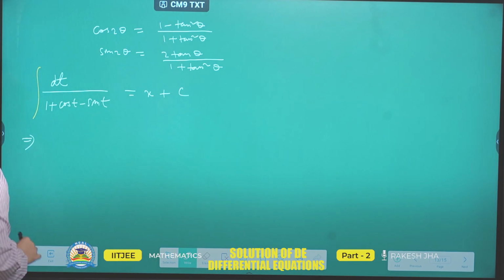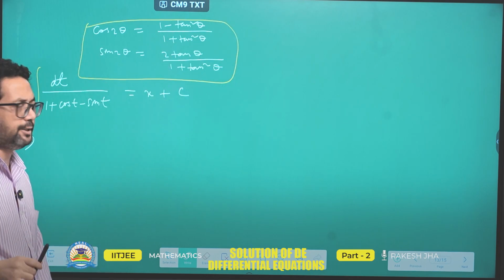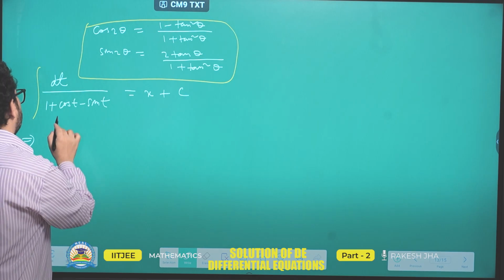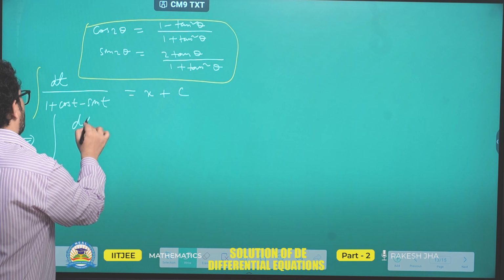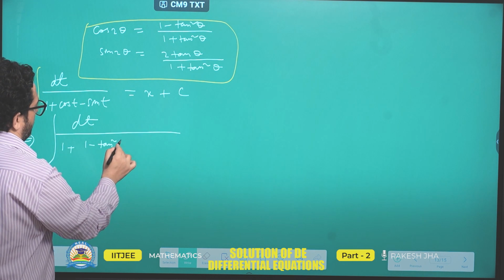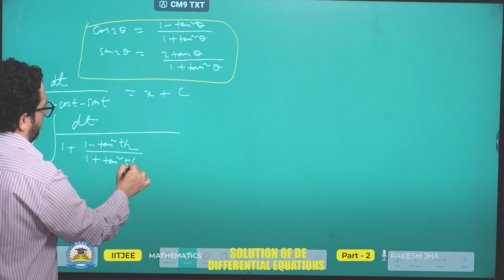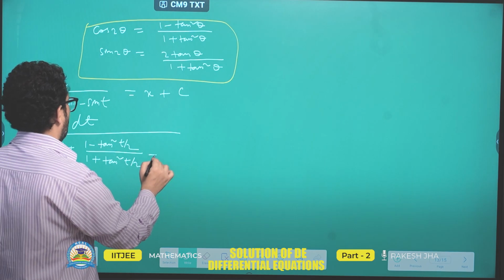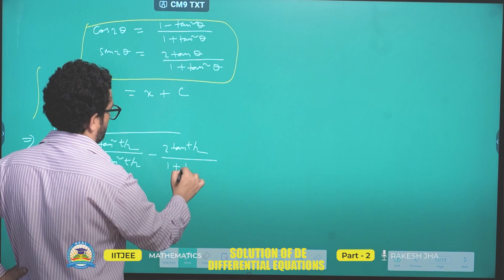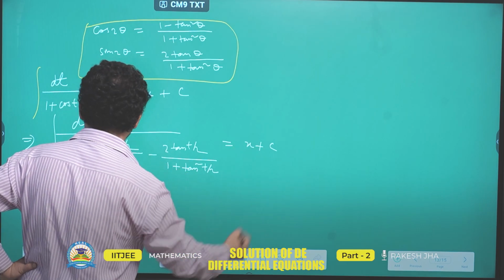Now as I mentioned, we are going to transform cos 2 theta and sin 2 theta in terms of tan. So it would be dt upon 1 plus (1 minus tan square t by 2 upon 1 plus tan square t by 2) minus (2 tan t by 2 upon 1 plus tan square t by 2) is equal to x plus c.